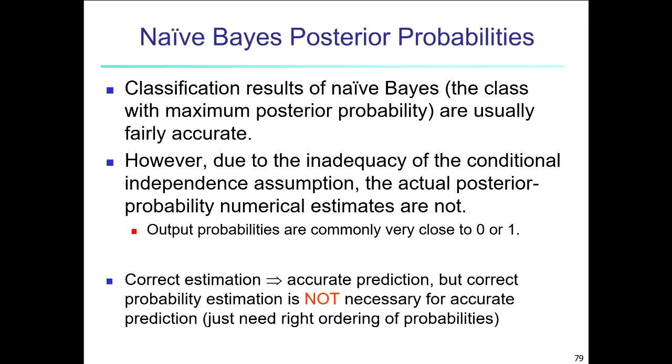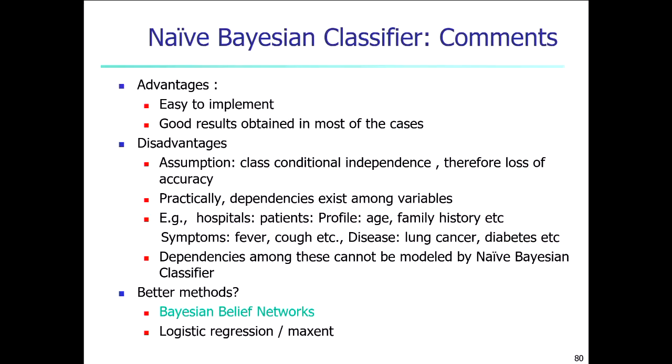Usually the output probabilities are very close to 0 and 1, so you just focus on the prediction result, but not the numbers. The naive Bayes classifier is easy to implement, and it gets good results in most cases.